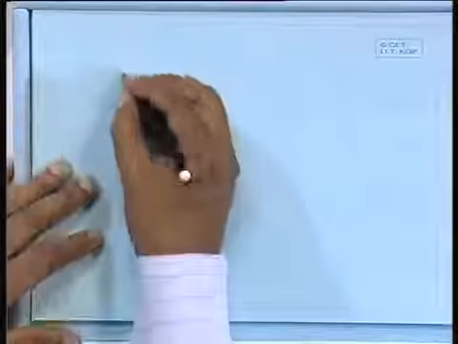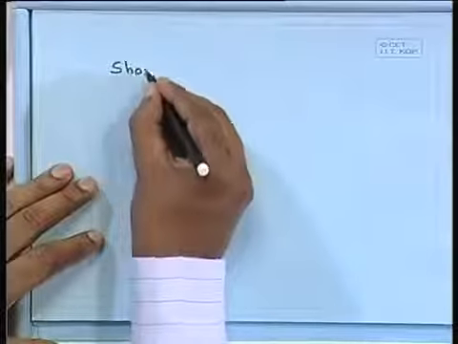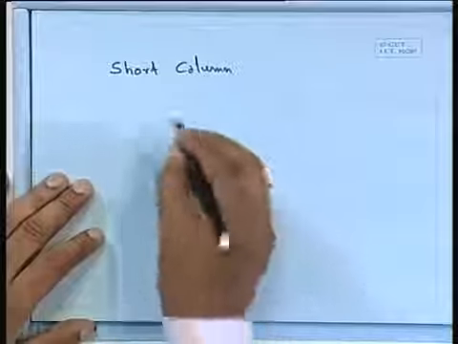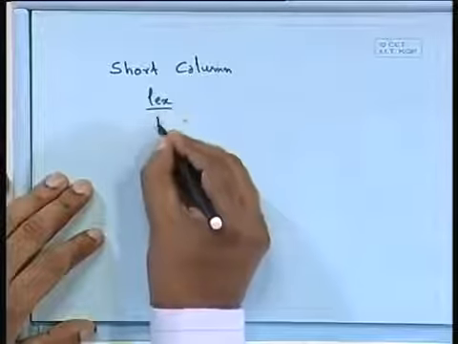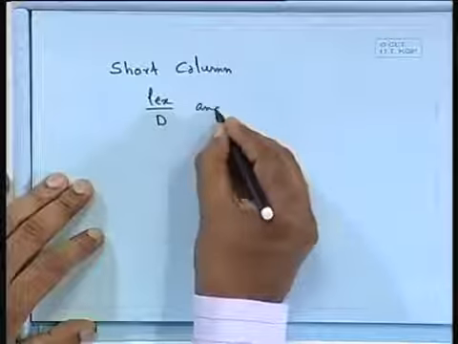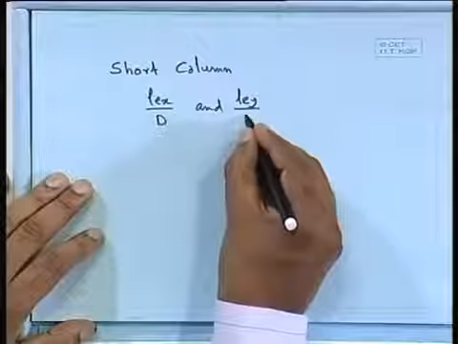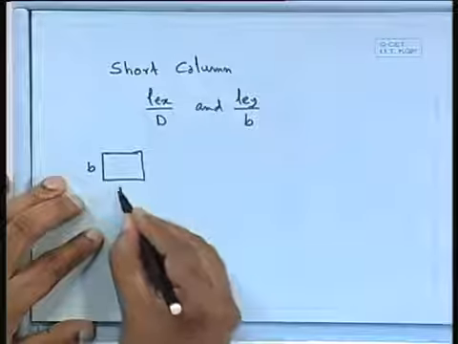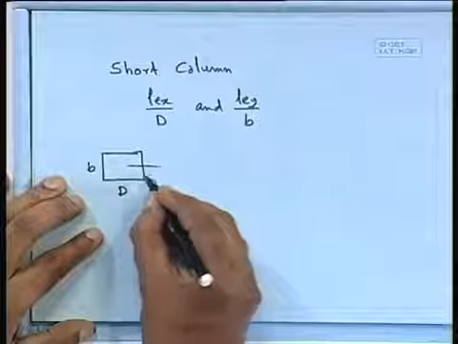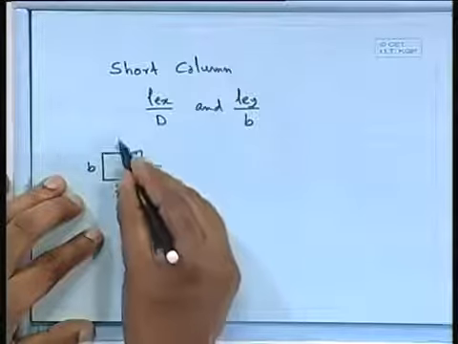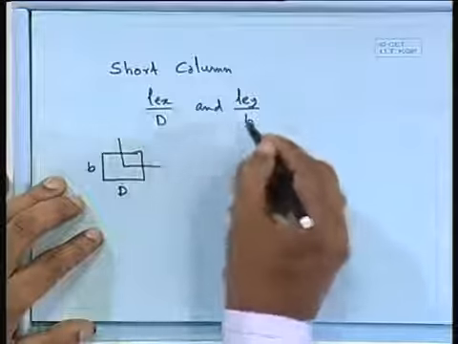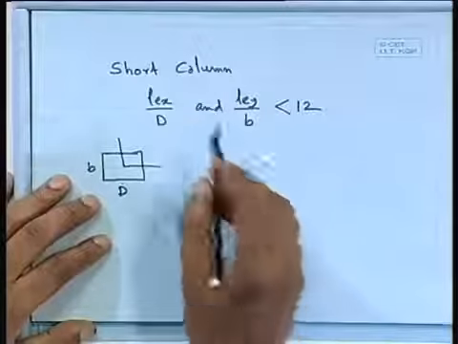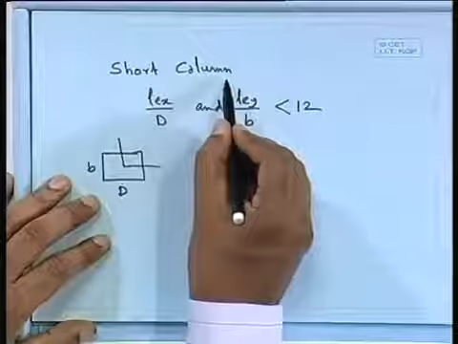So what is a short column? Short column here, Lex by D and the other axis Ley by B, say we are talking about a section B and D. So if we take care of this one, Lex by D and Ley by B less than 12, then we shall call that one a short column.